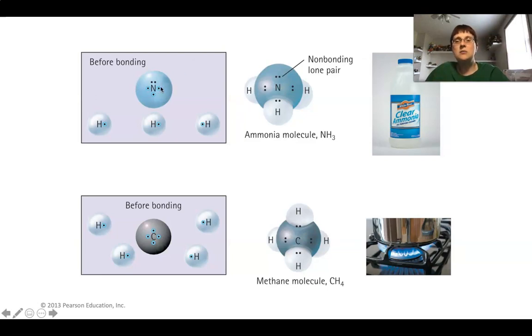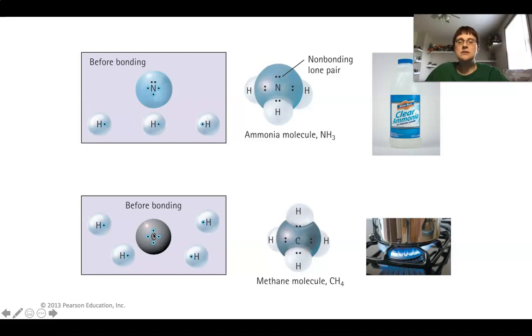So it's got 3 unpaired electrons, so it can make up to 3 covalent bonds. The molecule you're seeing here is ammonia. It has 1 non-bonding pair. Those are perfectly happy by themselves, but everybody else is going to bond together, and so you'll get ammonia with those 3 hydrogens.